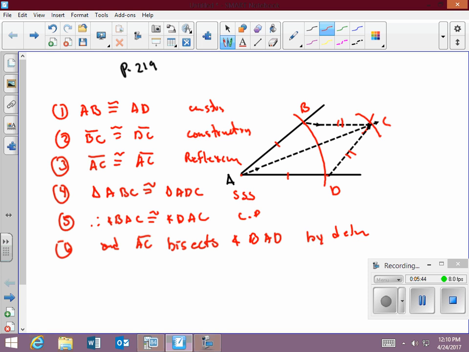So that's why the construction works, because of the congruency of triangles.